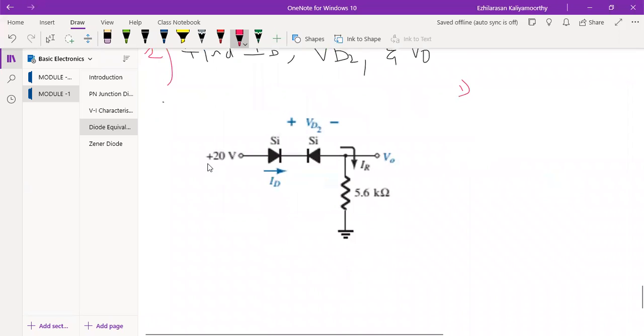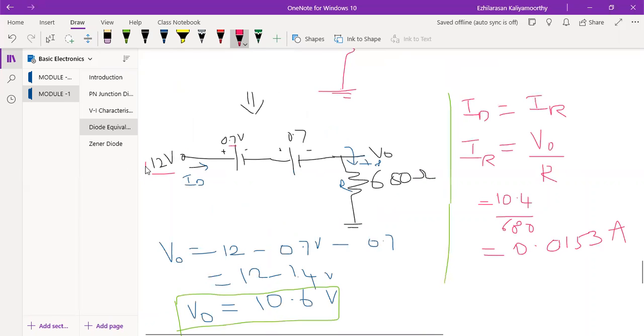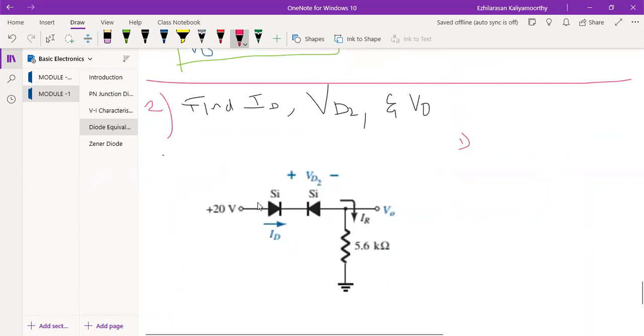You see here, this is plus 20, right? I forgot to give the 12 here; it is supposed to be plus, then only you would know that. This plus 20 is there, meaning this is P type. It is plus, correct? This is minus. Now you can see plus is connected to plus.